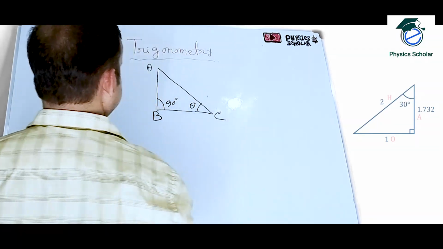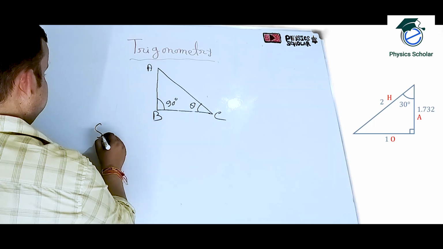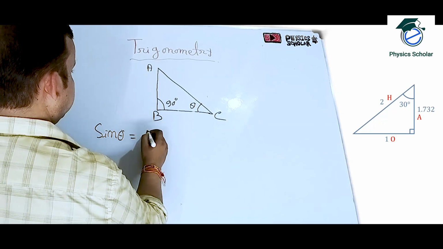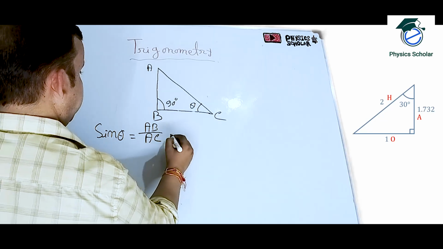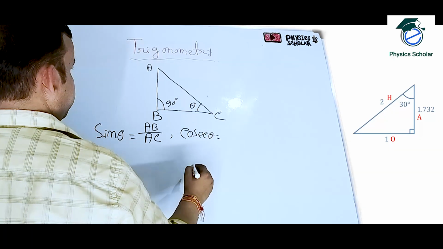So sin theta is equal to AB, perpendicular by hypotenuse, and cosec theta we know is hypotenuse by perpendicular.